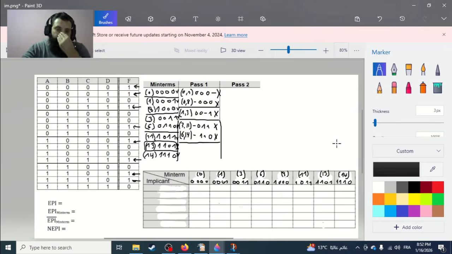The prime implicants, we have many of them. We have this one, 0, 1. Then 0, 8. We have 1, 3.